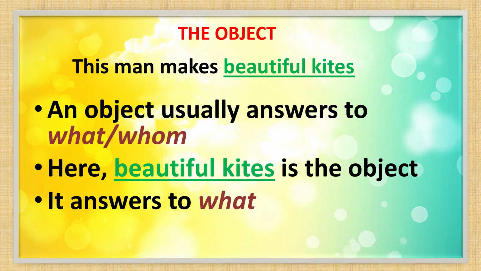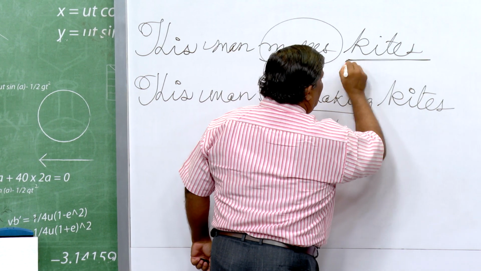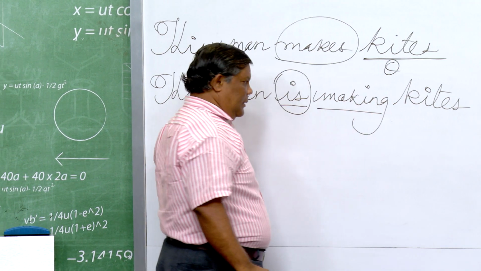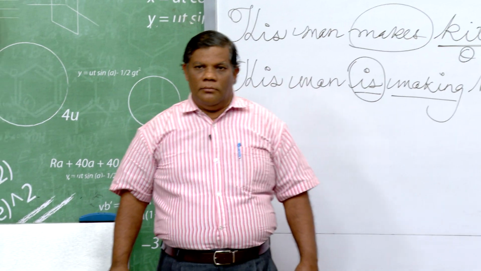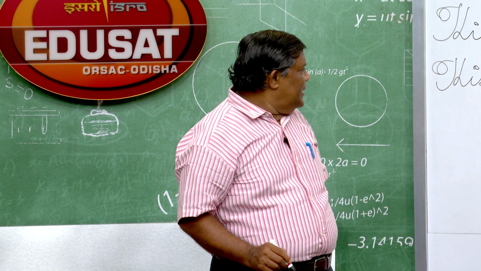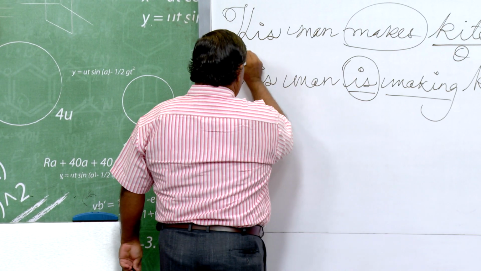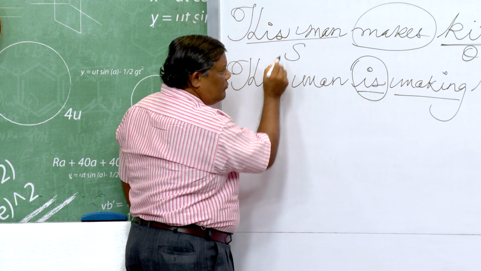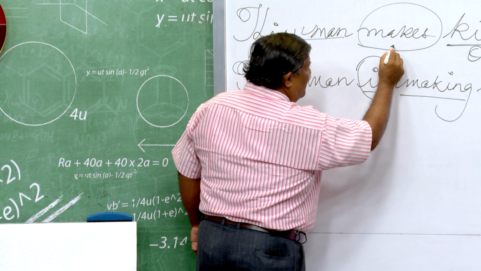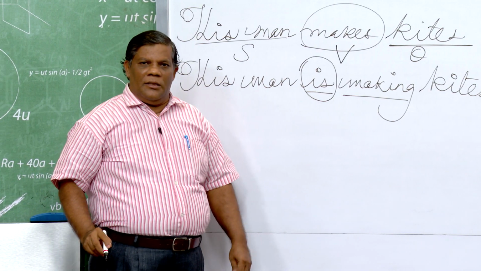And here which is the object? Here this is the object of the sentence. This is the object of the sentence, and if we mark the sentence here, this is the subject of the sentence, this is the verb of the sentence, and that is the object of the sentence.